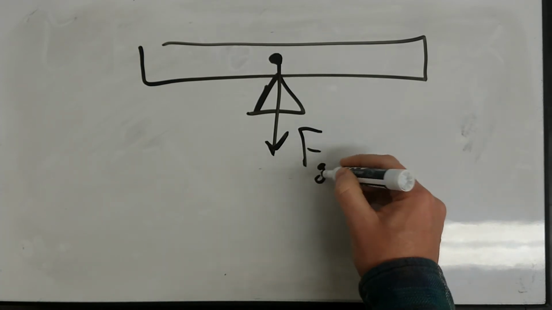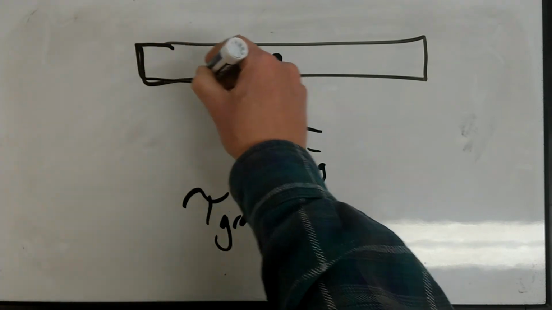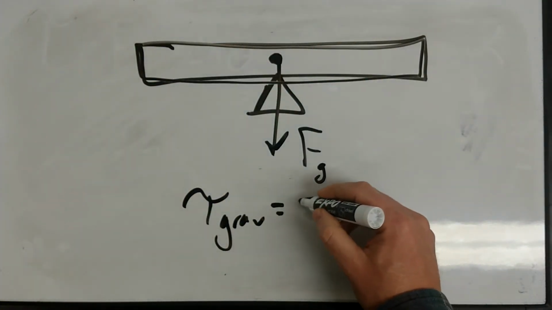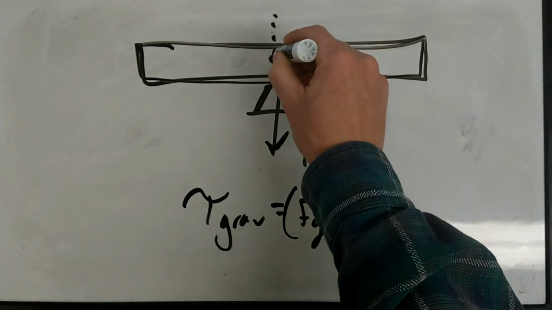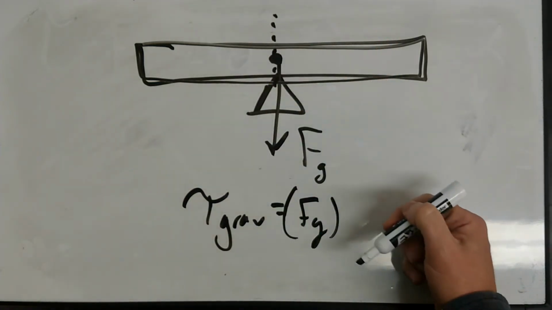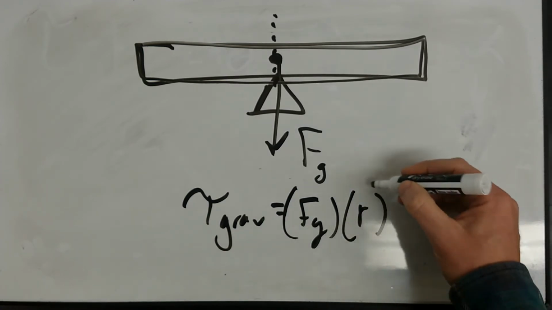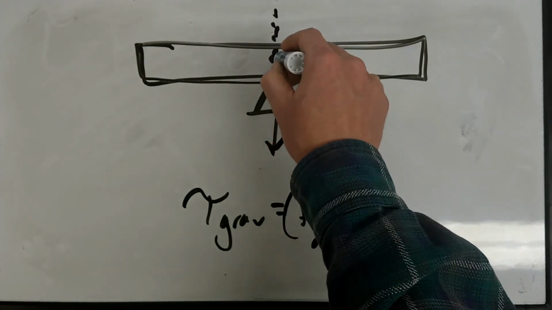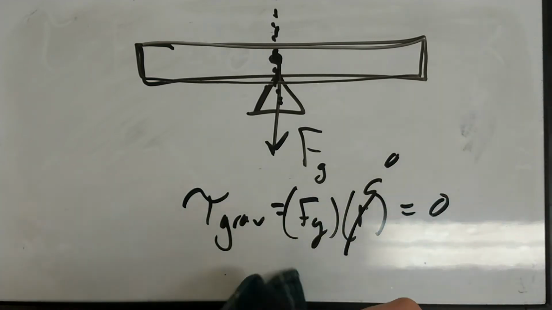But the torque due to gravity acting on this plank is 0 because it's Fg, and well, what's the distance between the force of gravity and the rotational axis? It's 0, right? So the R in this case, the distance between the rotational axis here and gravity is 0, so torque due to gravity is 0.